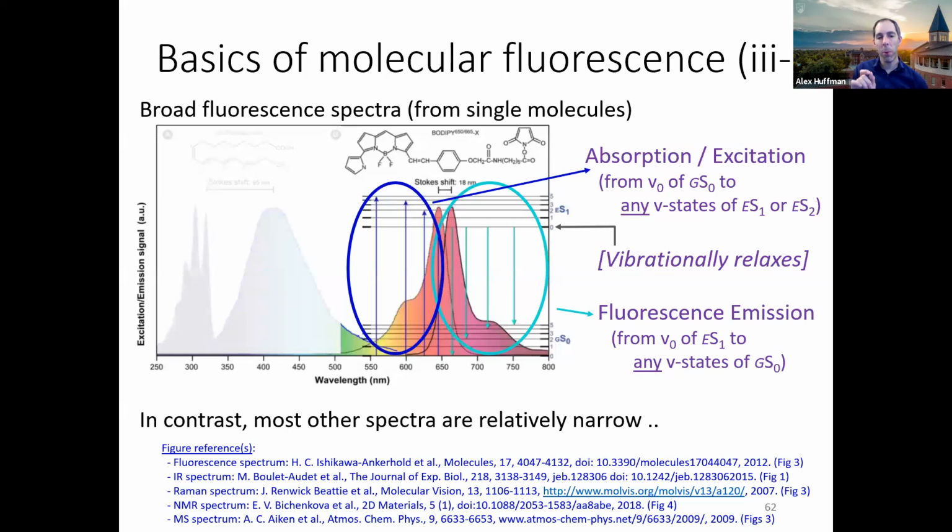What's important to know about fluorescence spectra is that they're really broad in nature, whereas other spectra, infrared spectroscopy, mass spectroscopy, can be really narrow and highly resolved. But with fluorescence, it's not because of the detector, it's because the physics of what's going on inside the molecule are always going to be broad.